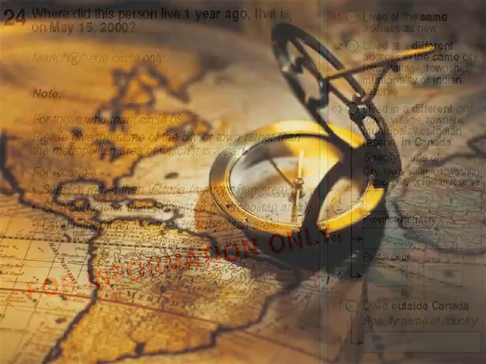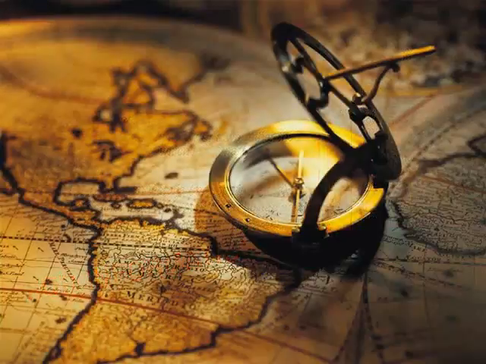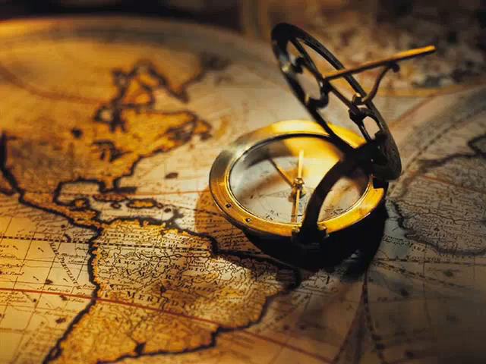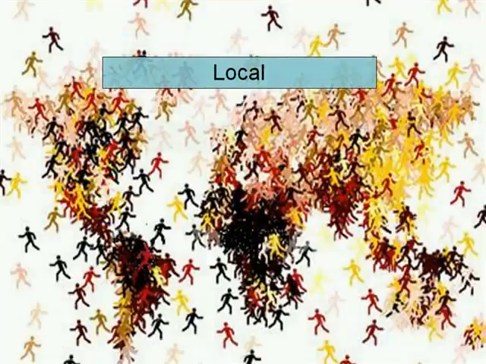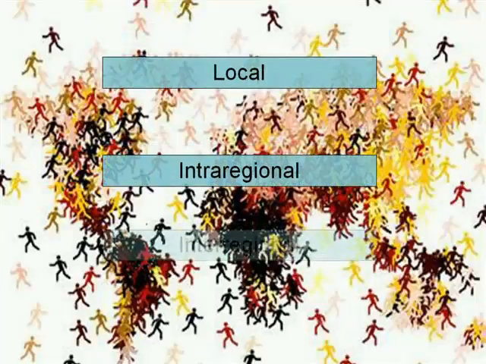In examining internal migration flows, it is important to define the smallest geographical area that is to be considered. These vary from country to country, depending on the size and population. To make sense of internal migration patterns, countries need to establish a classification that will distinguish between local, intra-regional, and inter-regional moves.